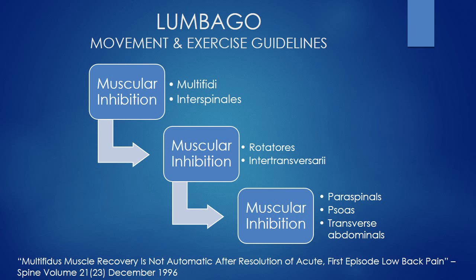And what they noted in both groups was that on physical examination, both at initial presentation to the emergency room and then weekly thereafter for 4 weeks, the multifidus muscle on the side of pain demonstrated inhibition and atrophy as demonstrated by ultrasonography.